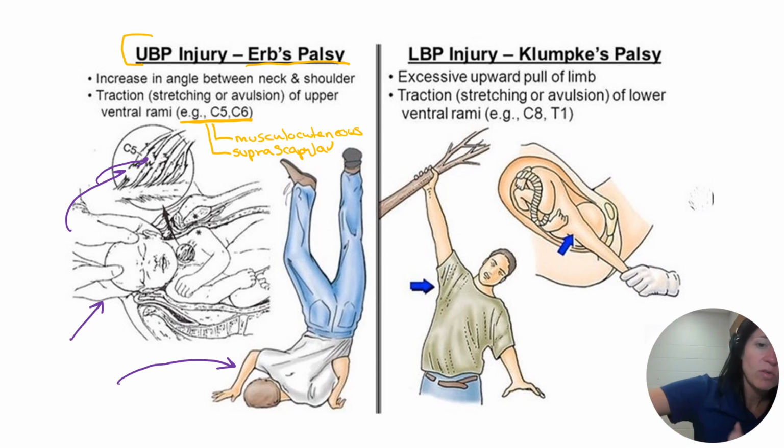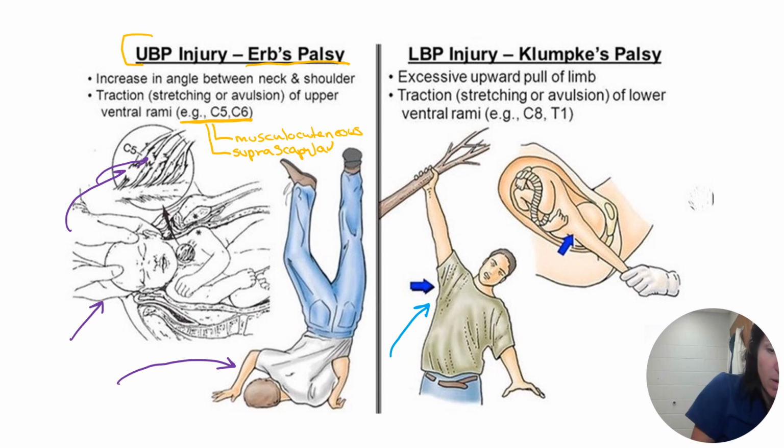Okay, so let's move over to lower brachial plexus injuries, or Klumpke palsy, which is less common than Erb palsy. The way this happens is from a very strong upward force on the upper extremity that's going to tear or damage the lower ventral rami.